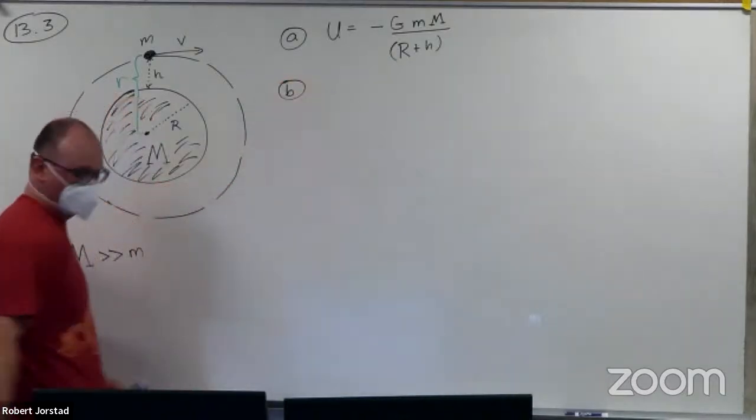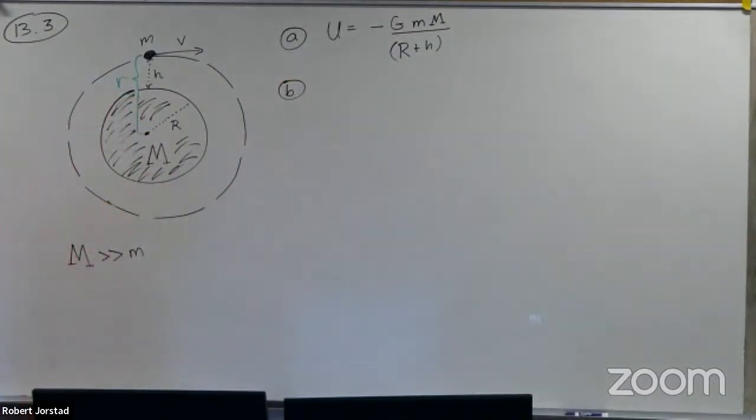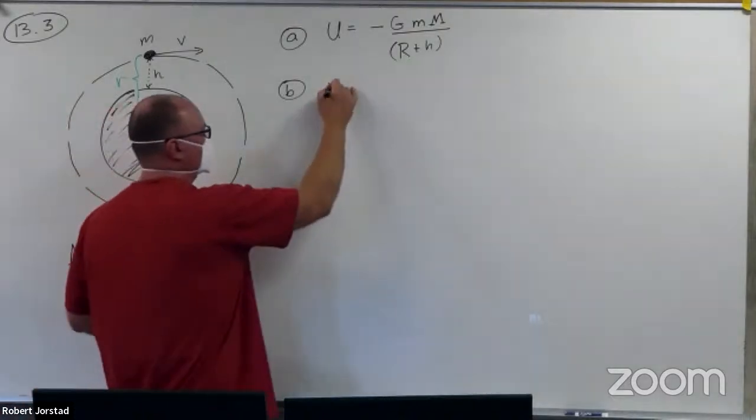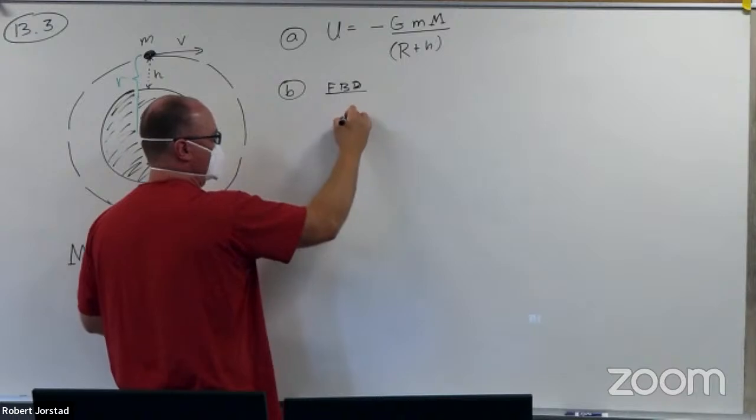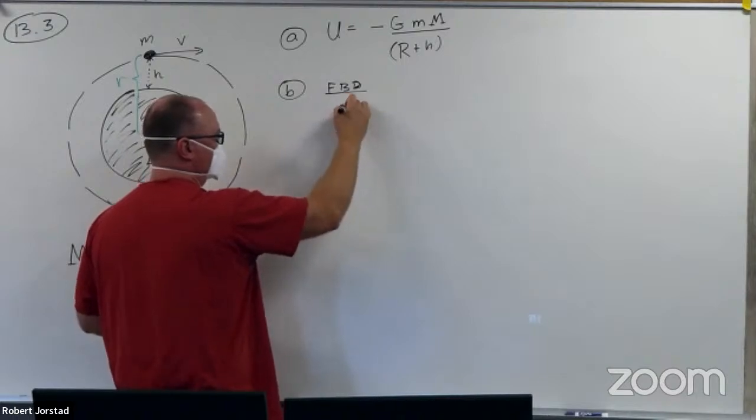How about part B? I want the speed of the satellite. It's in a circular orbit. What should we do? Circular motion, force, FBD. Okay, so here it is. Give me one force on the mass, little m.